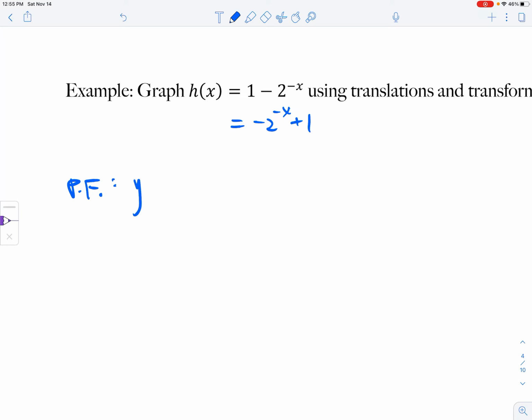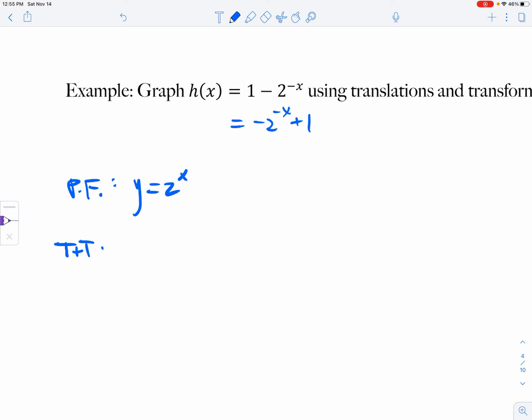All right, the parent function we have already graphed above, and that's y equals 2 to the x. So we are familiar with some of the points, right? Negative 1, 1/2, 0, 1, and 1, 2. So let's think about translating and transforming those points.